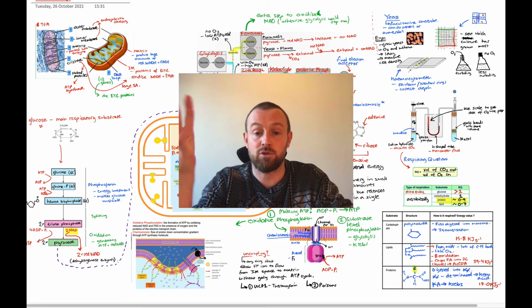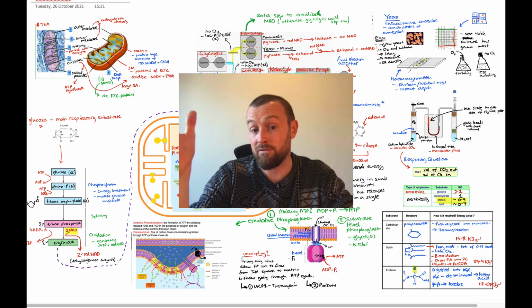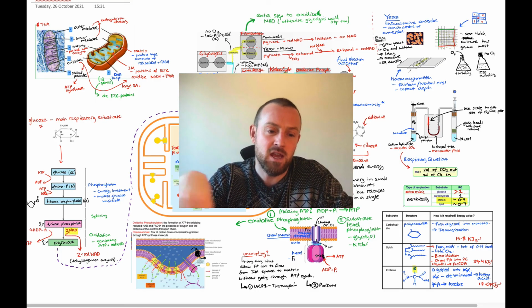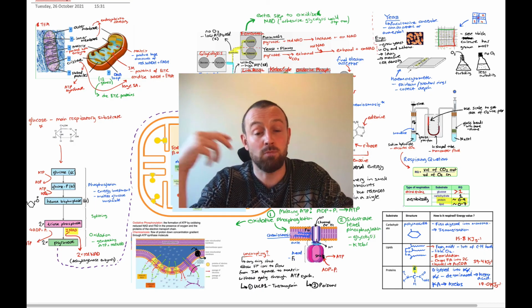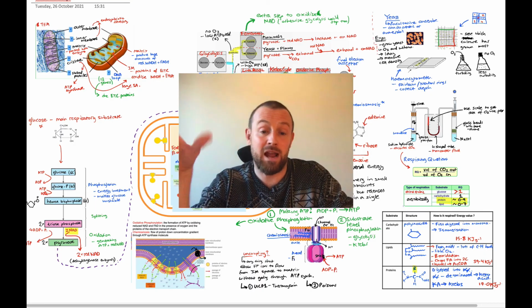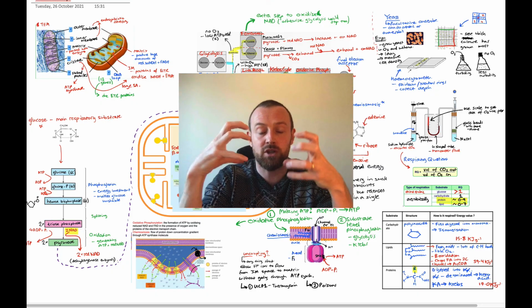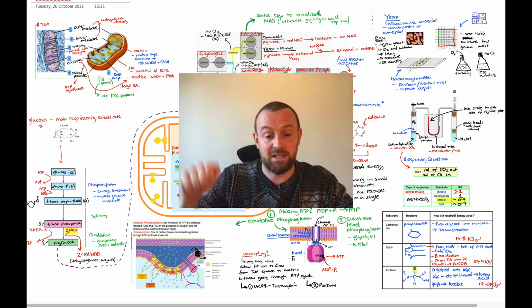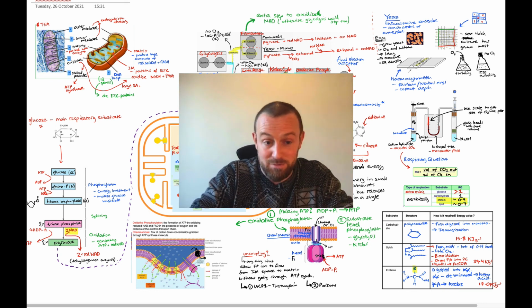Fermentation is an extra step to regenerate NAD if you don't have oxygen. Glycolysis takes glucose and turns it into pyruvate. You get a bit of ATP, but much more ATP is produced in the mitochondria. Link reaction and Krebs cycle generate reduced hydrogen carriers, and then they are oxidized through oxidative phosphorylation and chemiosmosis.